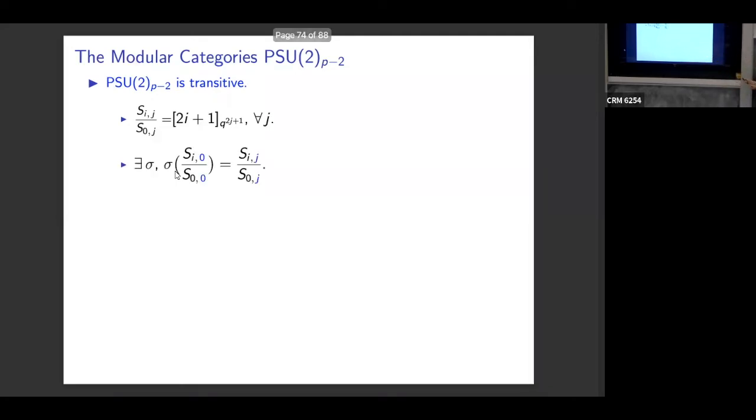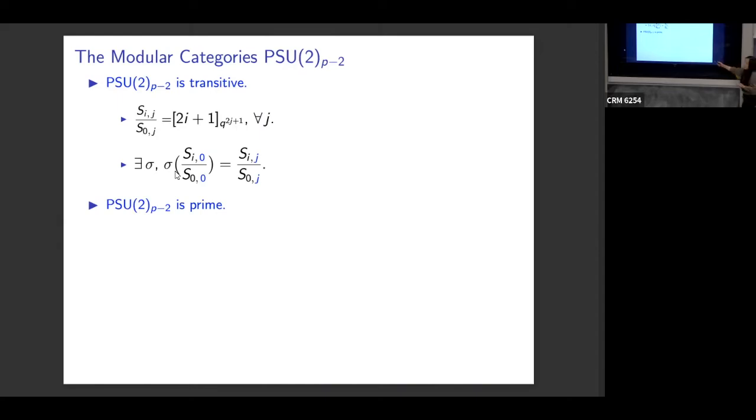To show this category is transitive, notice that 2p is relatively prime to 2j plus 1. So for any j, there is a Galois element that sends 0 to j. So every simple object lives in the orbit of 0. So this is an example of a transitive category.